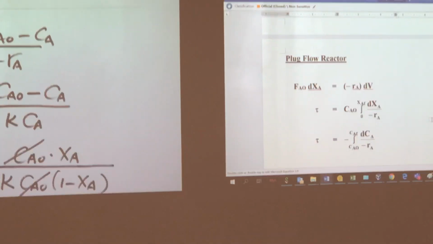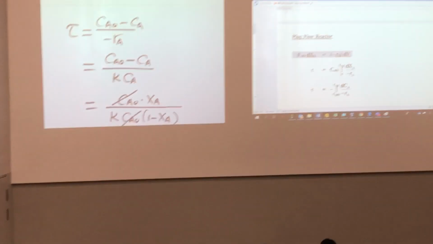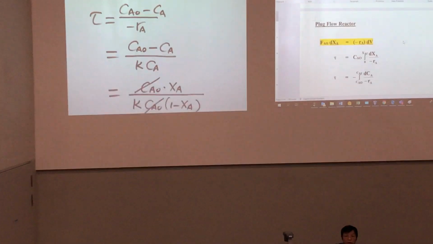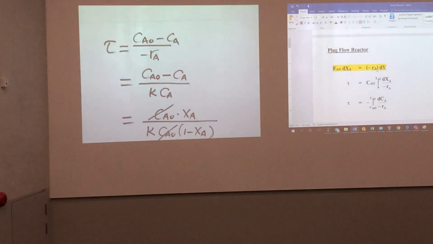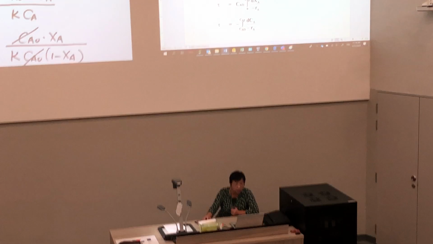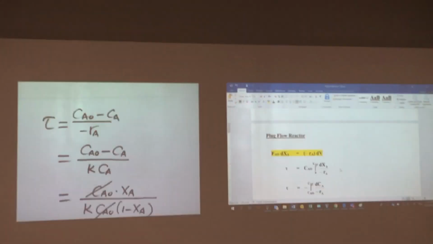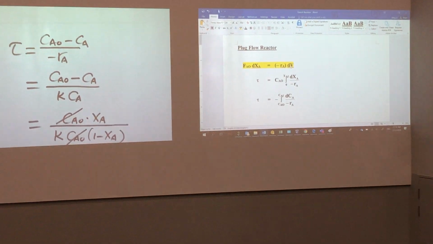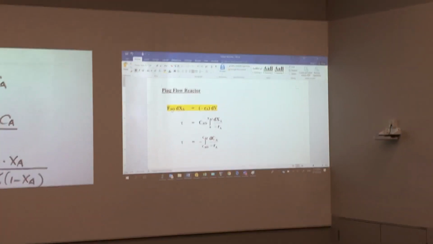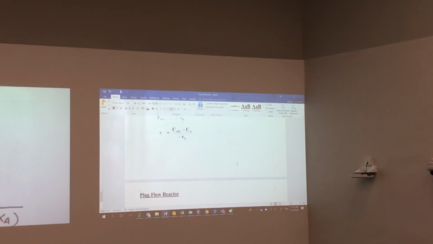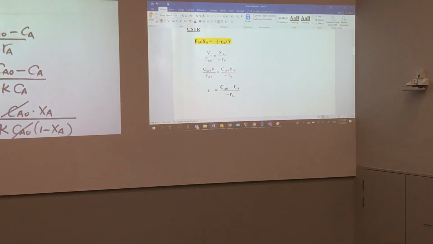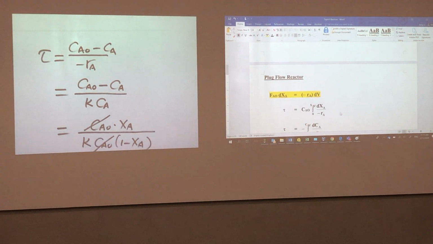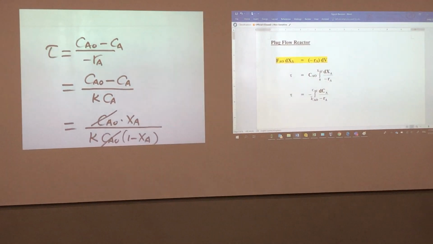Then for plug flow, we also start from here. We will give you this. We will not ask you to derive this. Okay, we will give you this equation. So the same, you rewrite dV over FAO, then similar to this, you multiply by CAO, then you replace dXA by dCA, finally you will have this.